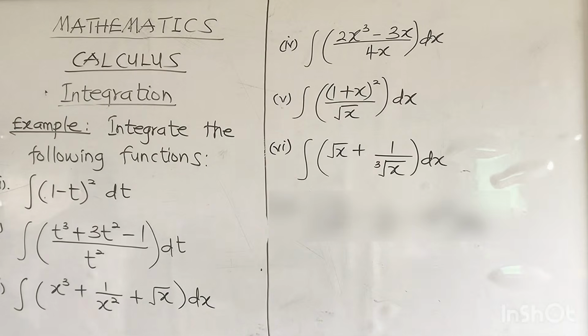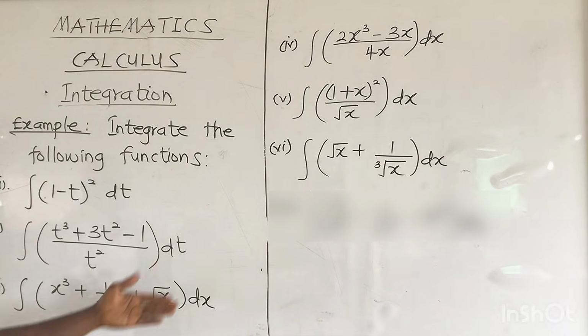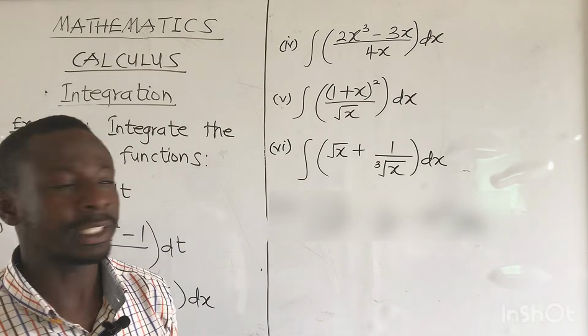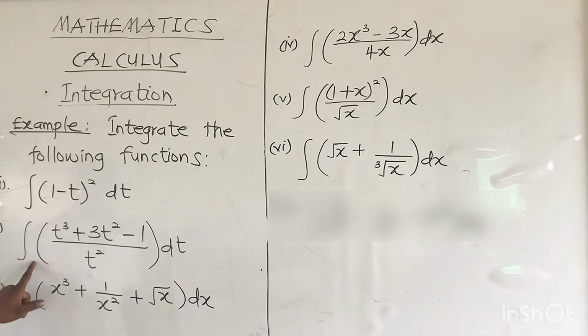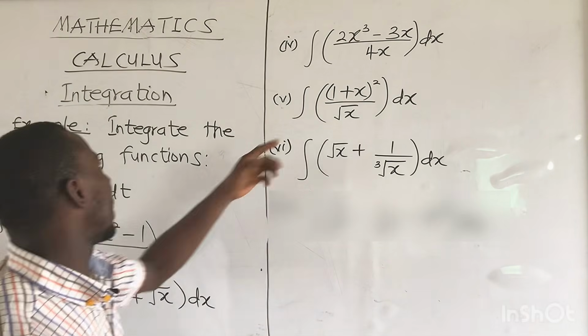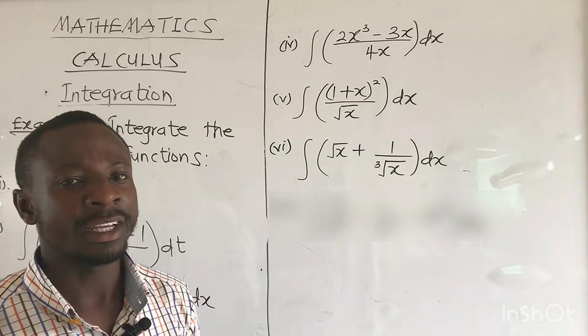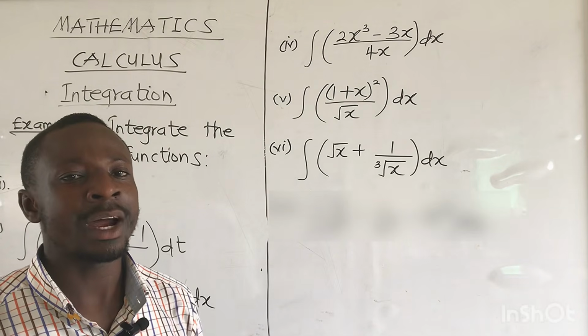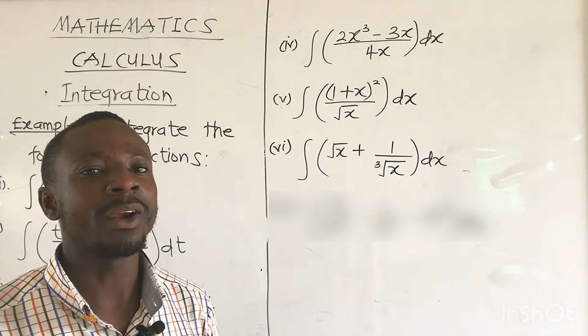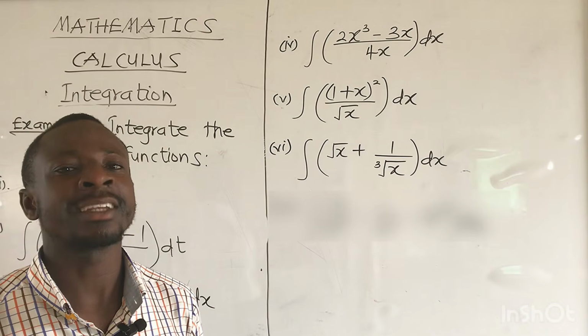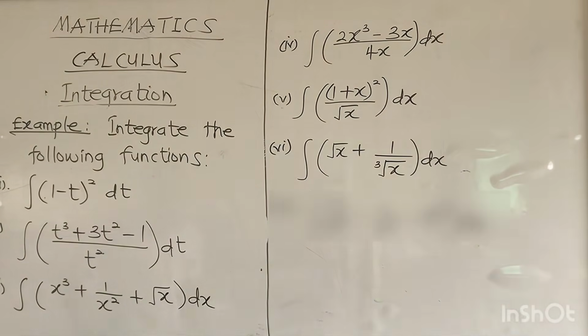So all of these questions we have on the board, they have no limit from the integral sign, and that is what we call the indefinite integral. So you are going to take the questions one by one, then we look at how we can solve them. So we are going to start with the first one.